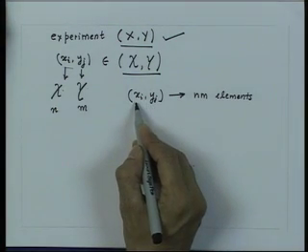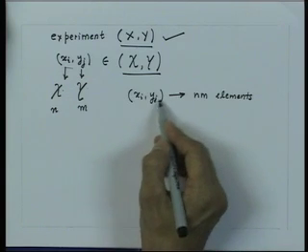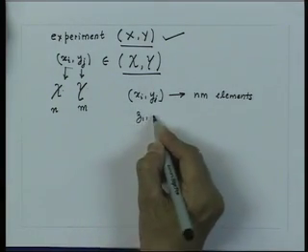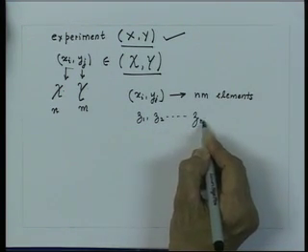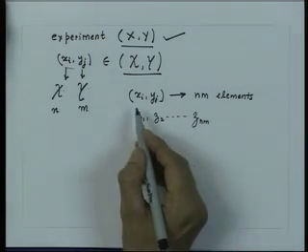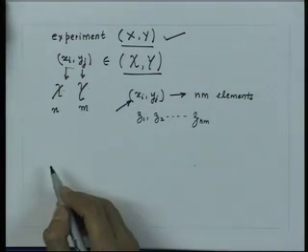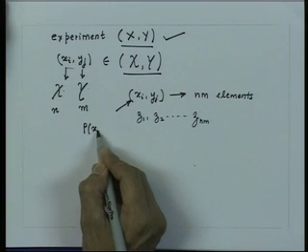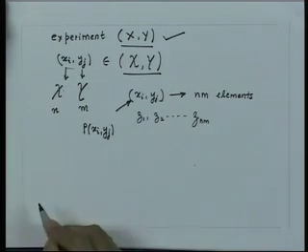Let me indicate these nm elements, given by the joint occurrence of these two events, as Z1, Z2 up to Z_nm. Now, with each of these events x_i y_j, I will have a probability of occurrence given by the probability of x_i, y_j.